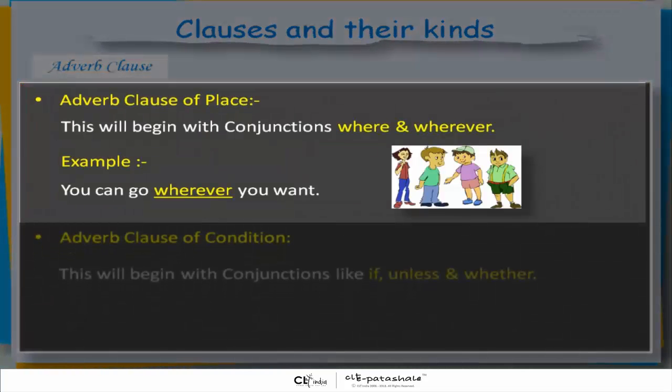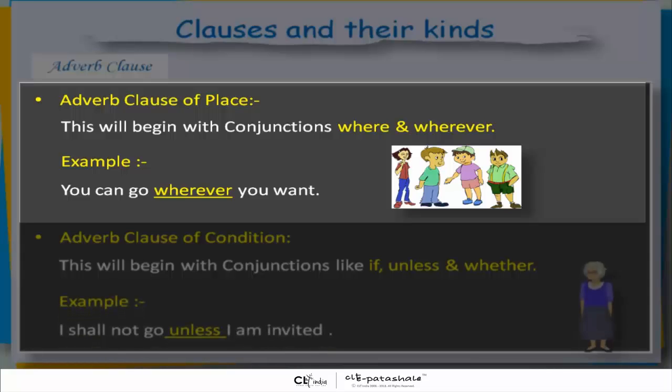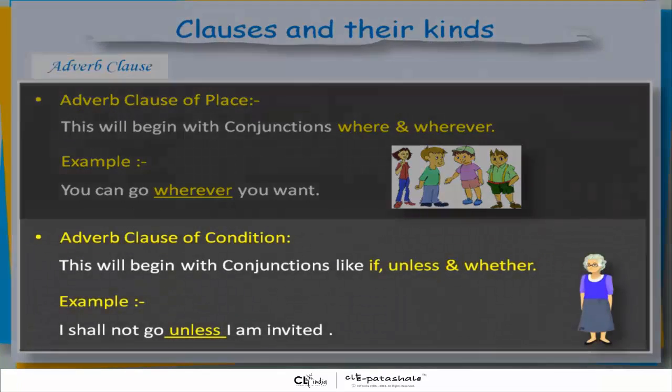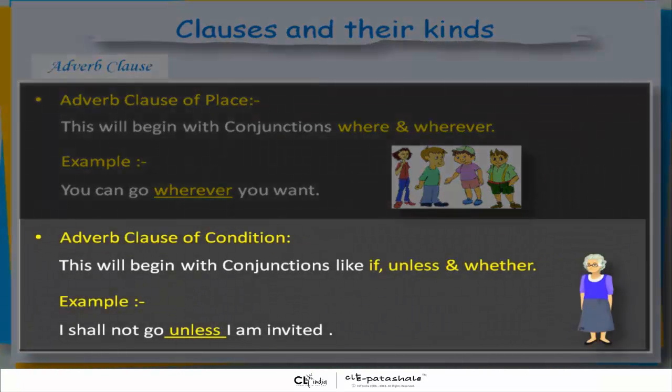Adverb clause of place. This will begin with conjunctions like where and wherever. Let's see an example. You can go wherever you want. Adverb clause of condition. This will begin with conjunctions like if, unless, and whether. Let's see an example.